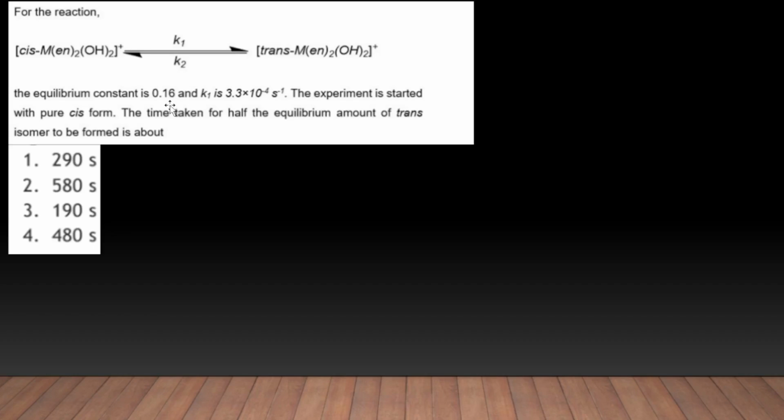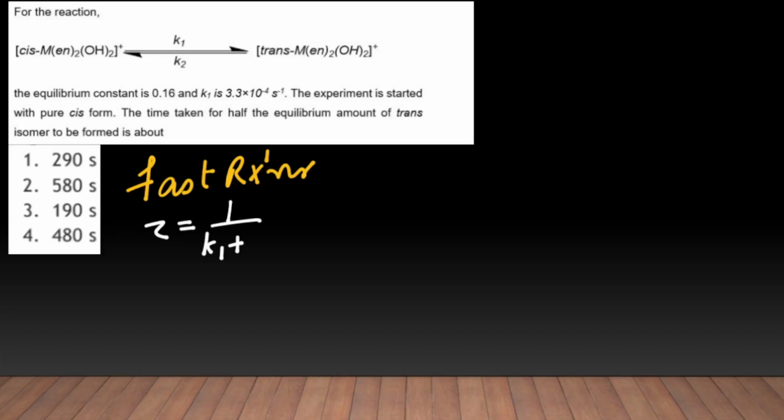This question is basically from the fast reactions portion. For this, the relaxation time tau is equal to 1 by K1 plus K inverse, that is for the reverse reaction.